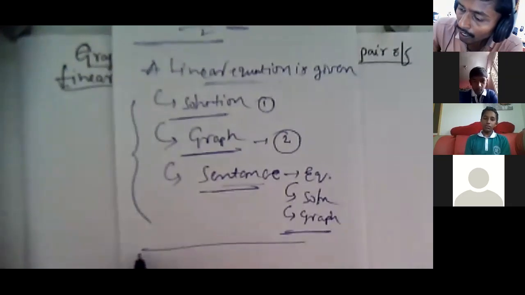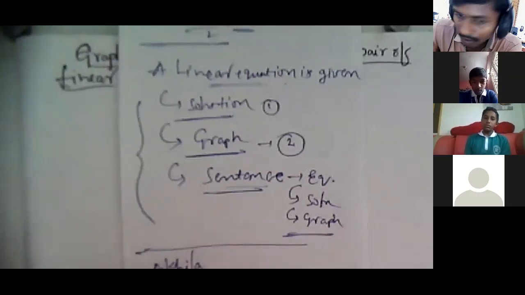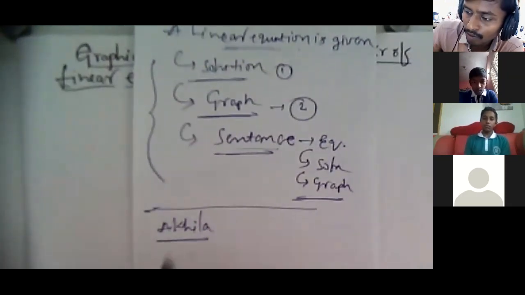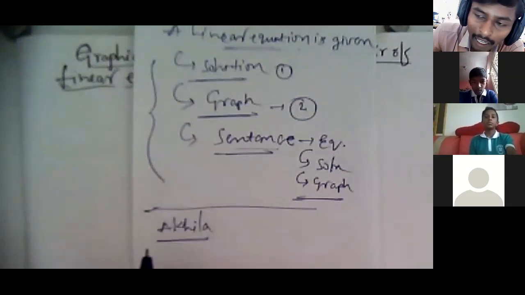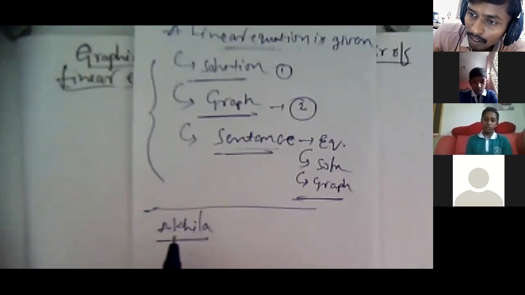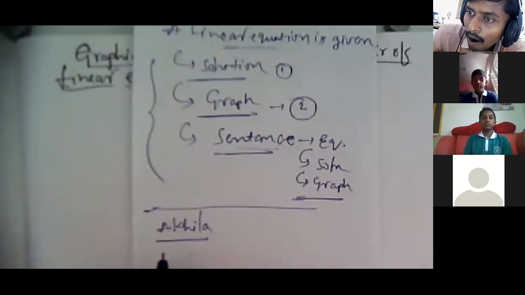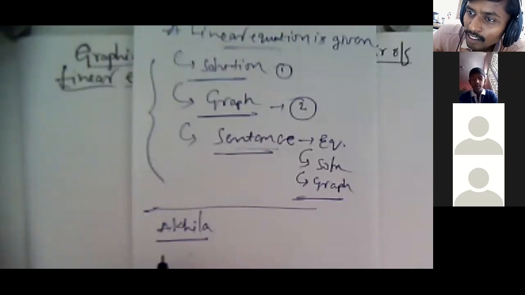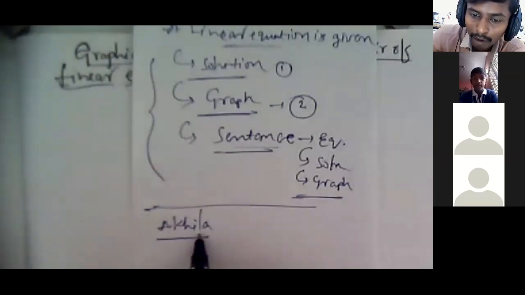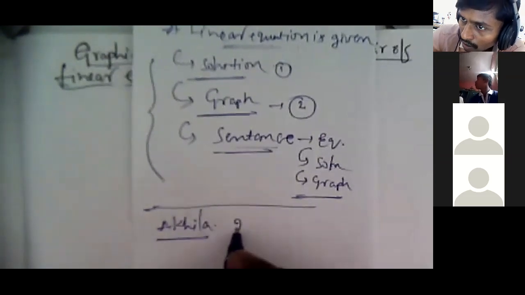See, in the first problem, Akila goes to a fair. In that problem, what are the linear equations we got? Please tell me. Ayan, tell me the linear equations. 2x plus 3y equals 20.